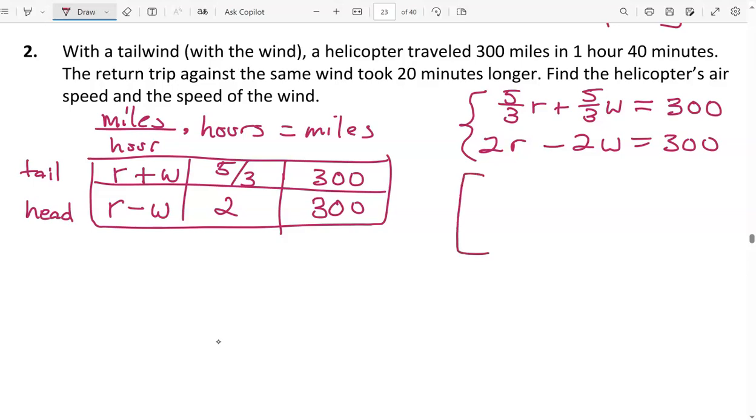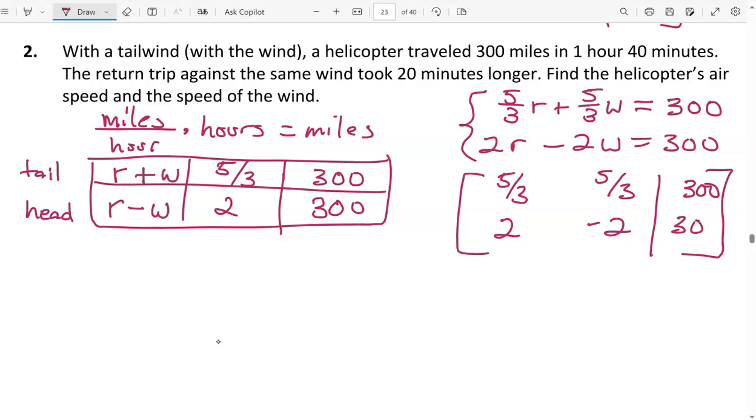Let's write that in matrix form. 5/3, 5/3, 300 across the top row, vertical line for the equal sign, and then 2, -2, 300 is our bottom row.